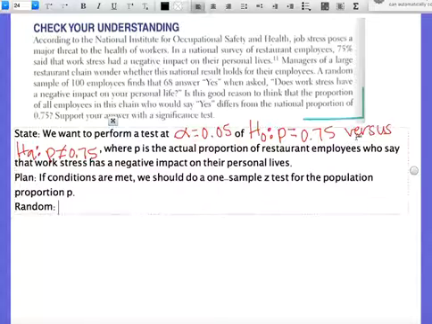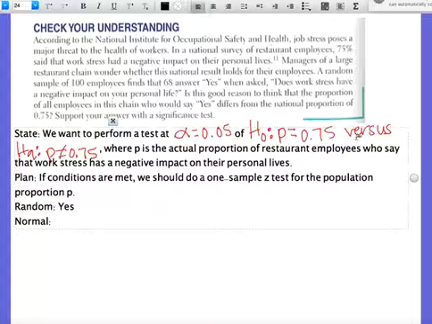So in the information they give us at the top, does it say the word random? So a random sample of 100 employees, that means yes, it's random. So next we check to see if we can say that it's normal. To say that it's normal, that means that our successes and our failures are both at least 10.